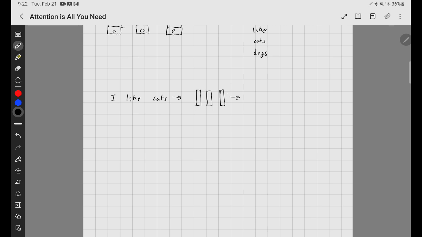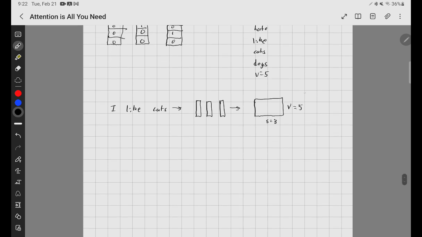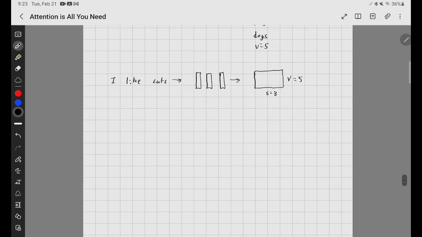So I will represent this as a matrix of shape S by V, where S is equal to 3 and V is equal to 5 in the case above. So this will be a 3 by 5 matrix. It'll look like that, in a way. It's just a more compact form.